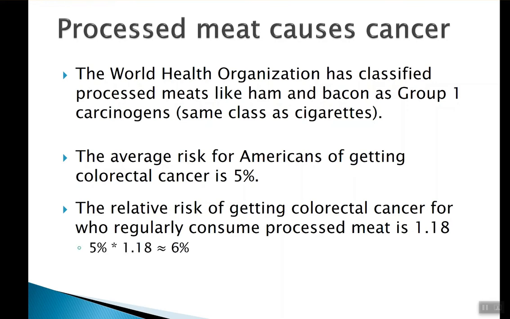So that means that their risk is about 6%, right? It's gone from 5% to 6%. But a lot of times you'll hear this reported as an 18% increase in risk, right? That's not wrong. You just have to be aware that they're talking about the relative risk, not the absolute change in risk.